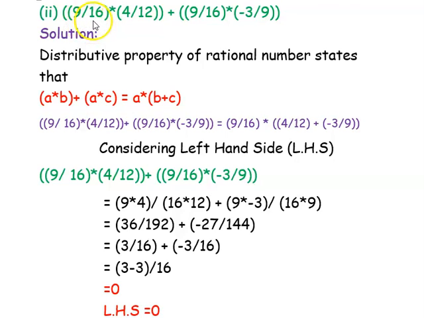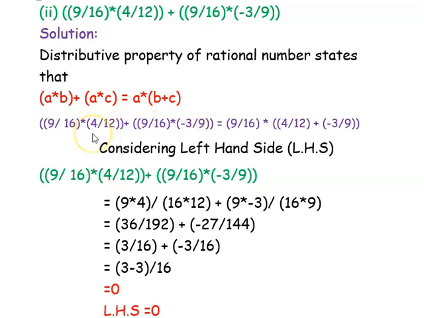The question is 9 by 16 times 4 by 12 plus 9 by 16 times minus 3 by 9. Again we are going to use the distributive property of rational numbers. Here it is also addition, so we are using the same property, a times b plus a times c equals a times b plus c.